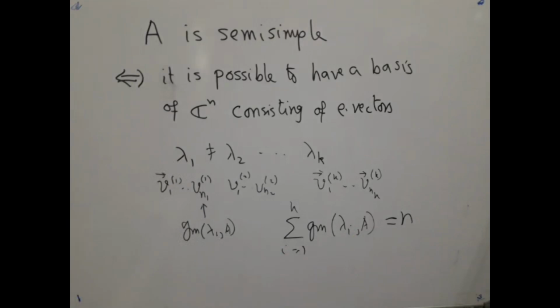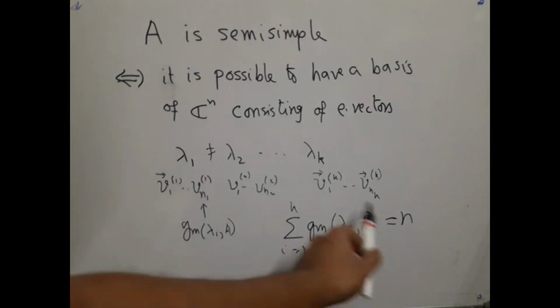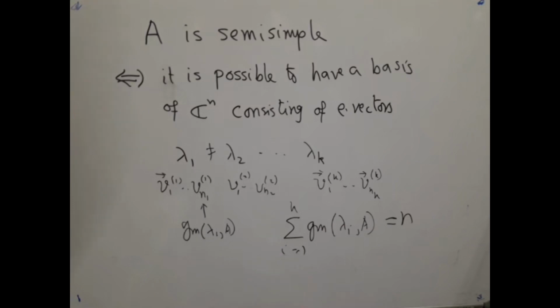Is there any guarantee? Well, not really, because GMs are all less than or equal to AMs. We know that the algebraic multiplicities indeed add up to n because we know that the characteristic polynomial is like this: (lambda minus lambda 1) to the power some m1, dot dot dot, (lambda minus lambda k) to the power mk.